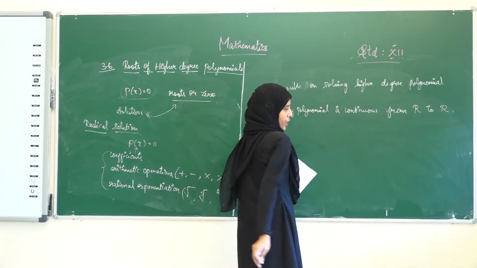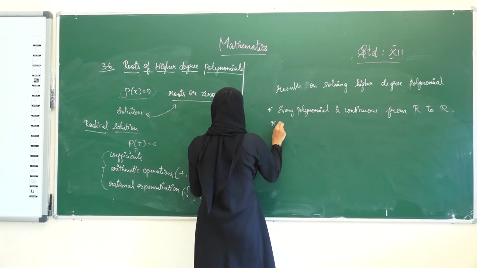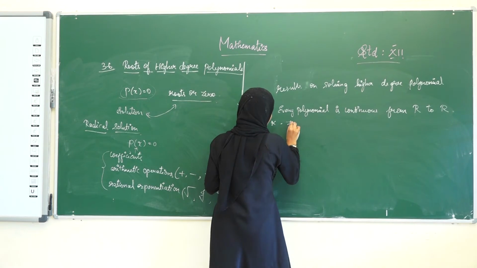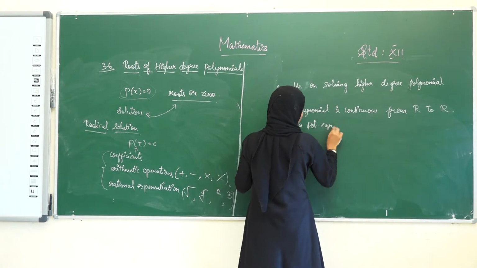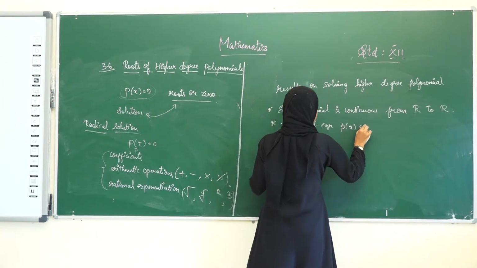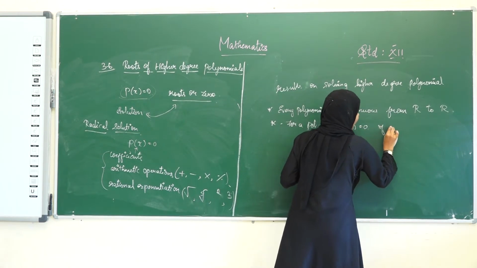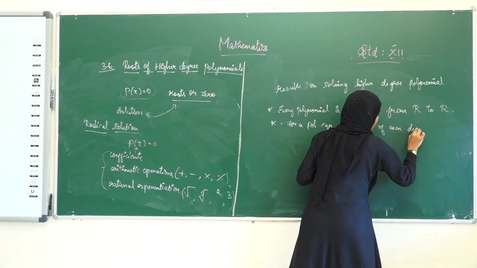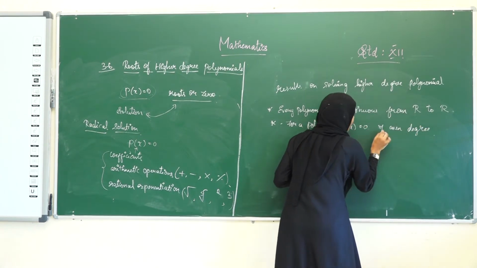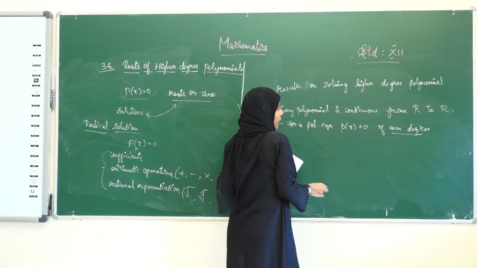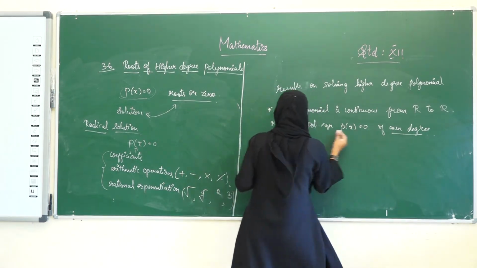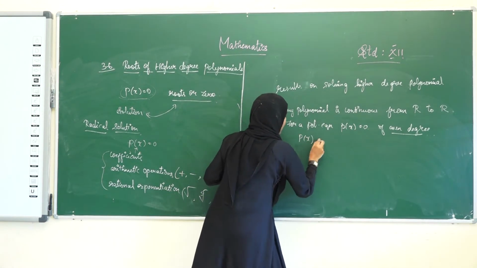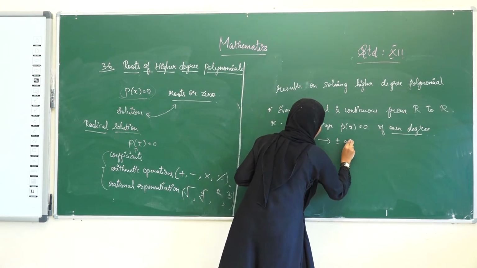Okay. Then the next thing is, for a polynomial equation p of x equal to 0 of even degree, the important thing to note is that it should be of even degree. Suppose the degree of the polynomial is 2, 4, 6, etc. Then p of x tends to plus or minus infinity.